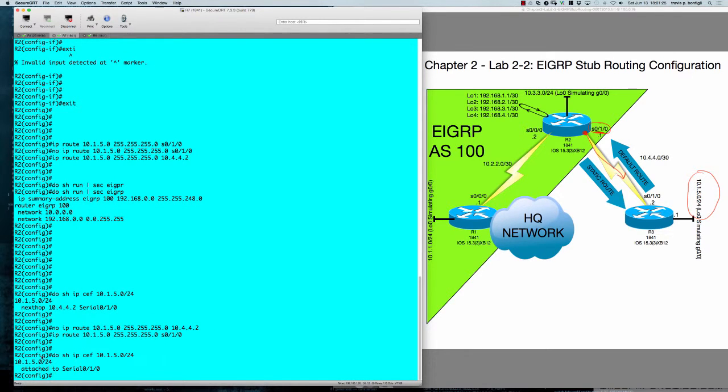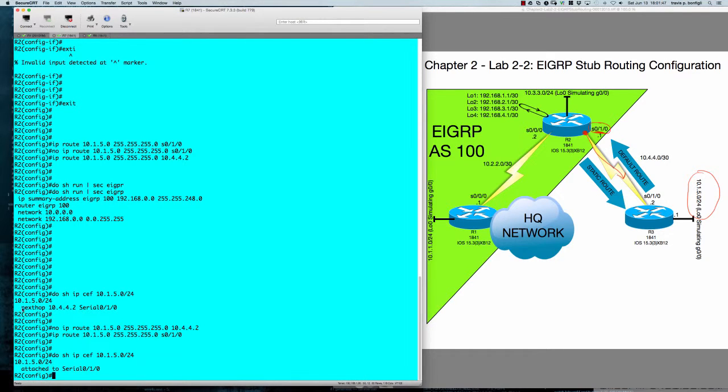And this is why you say that EIGRP is not doing anything out of the ordinary. It's actually iOS, right? It's the Cisco iOS, and it's the way the RIB and the FIB see this when we enter the static route with the outgoing interface of Serial 0/1/0.